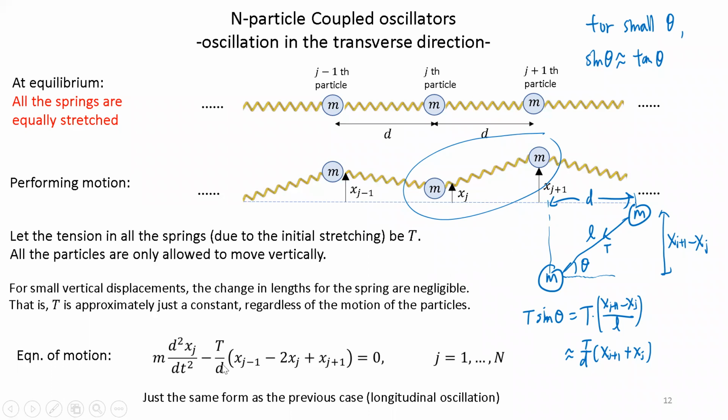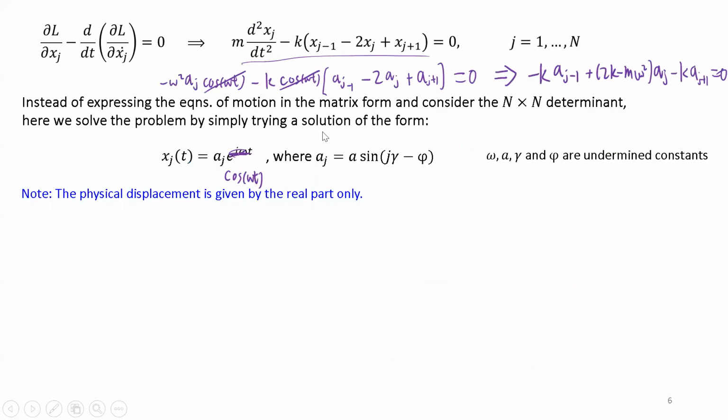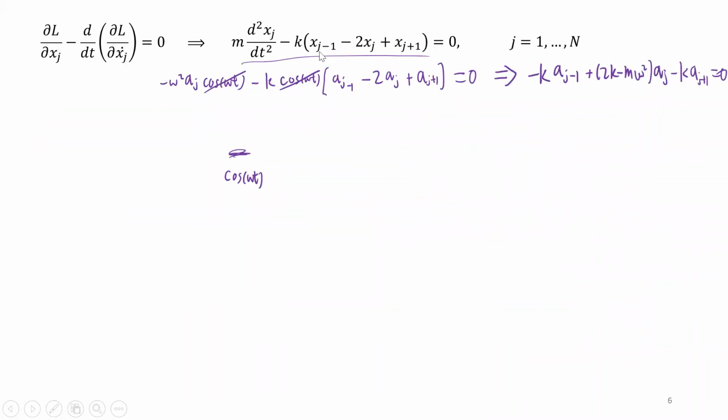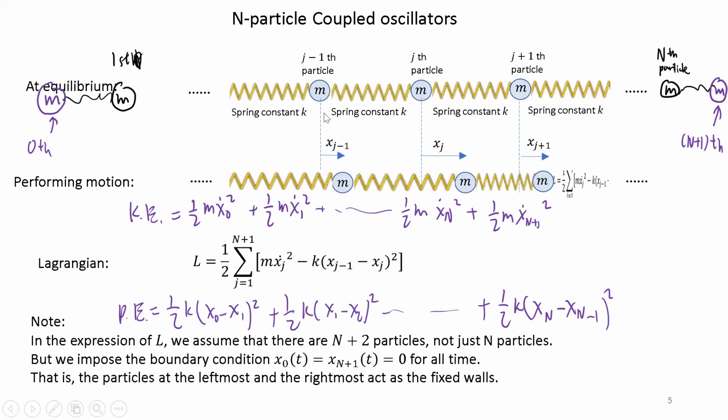Nevertheless, now if you look at the form of the equation, it looks again exactly like this one over here, except that now I have this P divided by D instead of this K. And the difference between this case and the case that we are looking at now is that this is the longitudinal oscillation, and the one that we are looking at now is the transverse oscillation.